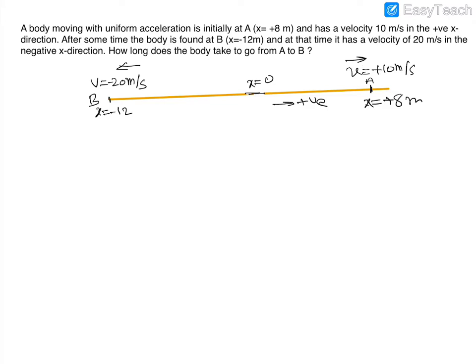Okay, now I would like to ask you a question, and after the question you pause the video and answer it. Now tell me, it's a constant acceleration motion, so will the acceleration be towards right or towards left? Towards right we are taking positive. So basically I'm asking you, will the acceleration be positive or negative?